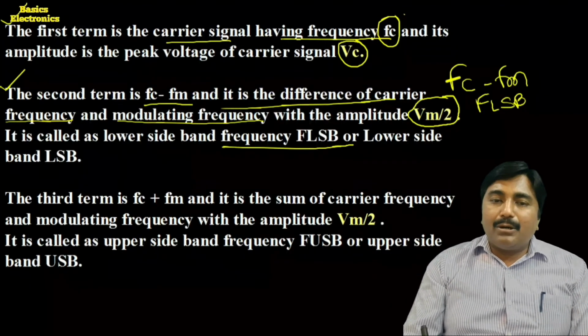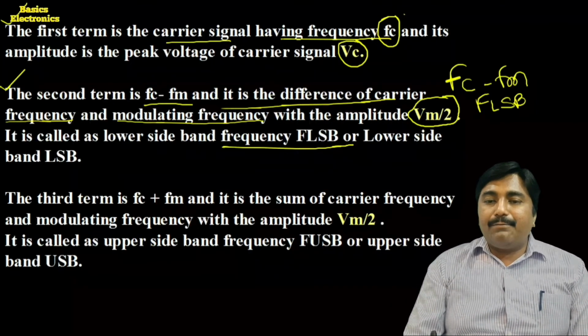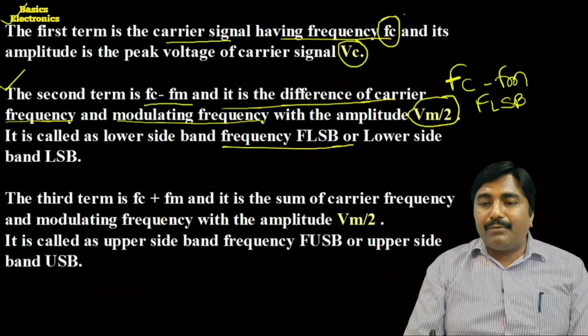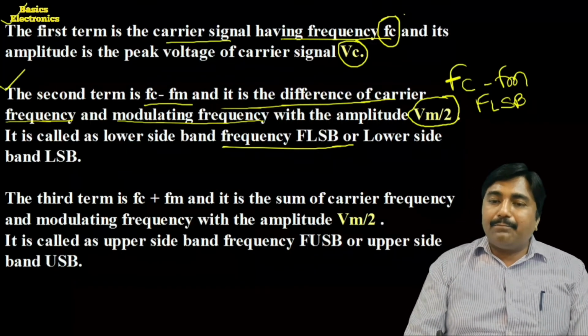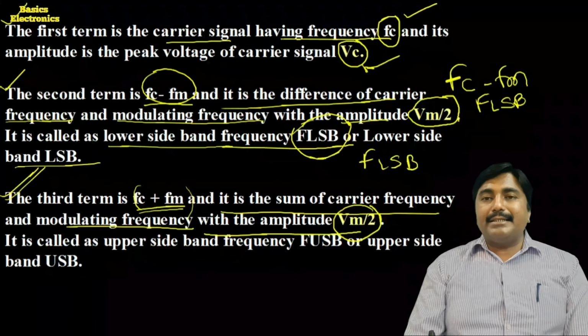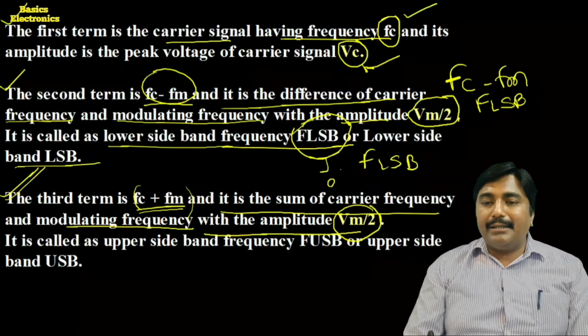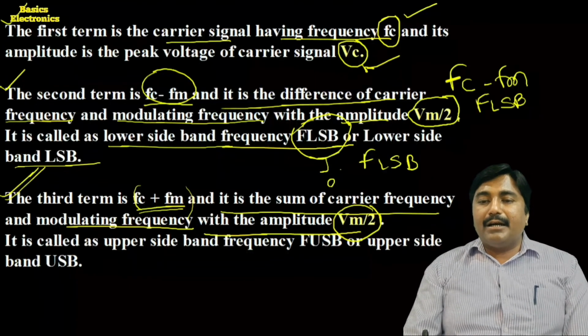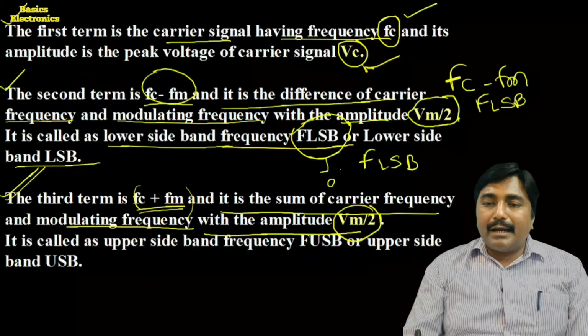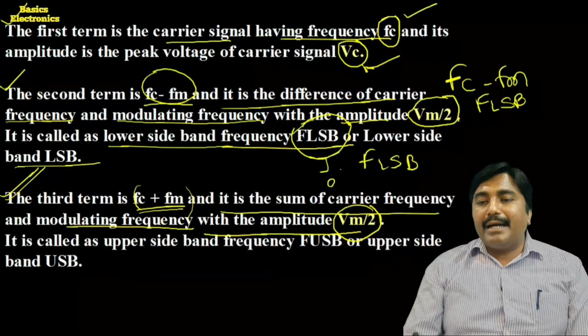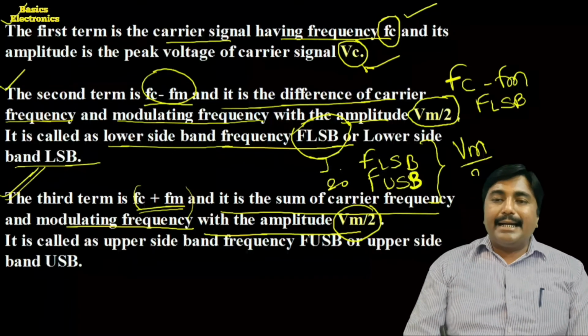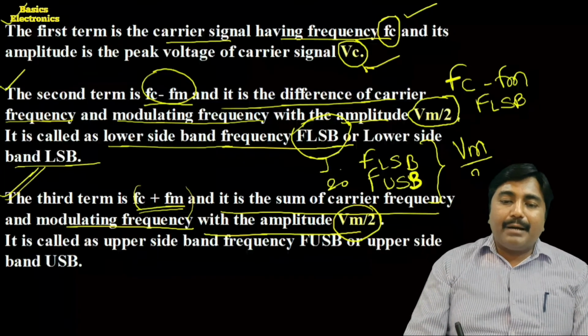Again, the amplitude of these two sidebands: the first sideband has the frequency Fc minus Fm, and the second sideband has the frequency Fc plus Fm. We call it the upper sideband, FUSB, both having the amplitude Vm by 2.